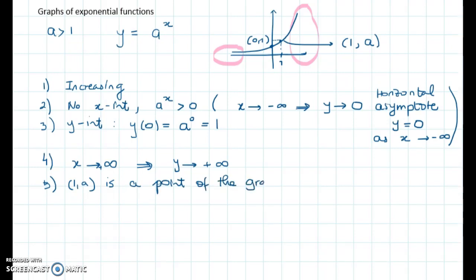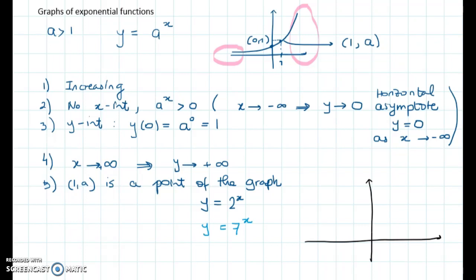And why is this important? Well, let's say we want to very quickly sketch the graphs of two functions: y equals 2 to the power of x, and in a different color, y equals 7 to the power of x. So a small picture over here. We know the shape they have.